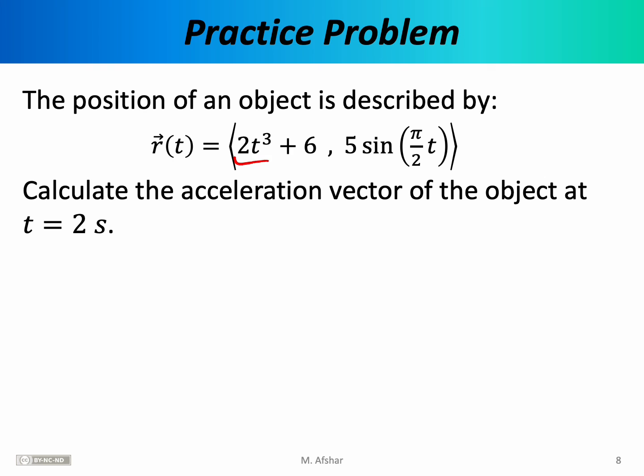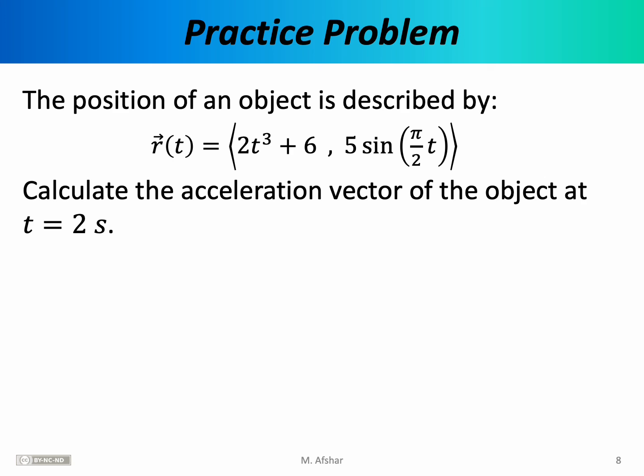So if we wanted to, we can denote this whole thing as x of t, and we can denote this whole thing as y of t. Given this information, calculate the acceleration of the object at t equals 2 seconds.